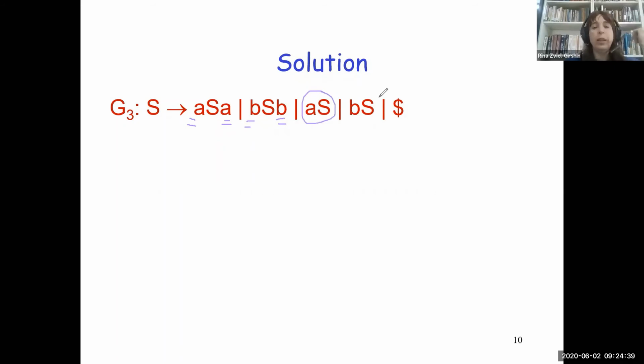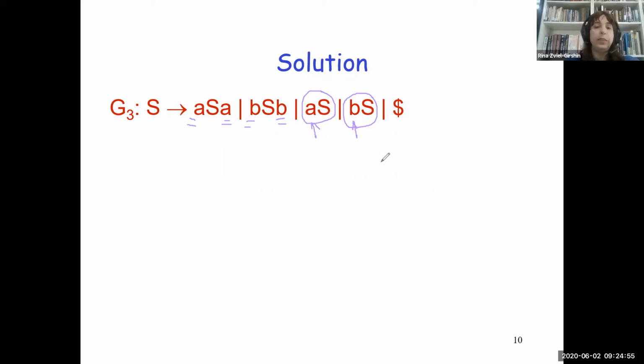And then you can add only B's, and please pay attention that you add A's and B's before S. And then when you want to finish, you use a dollar sign.